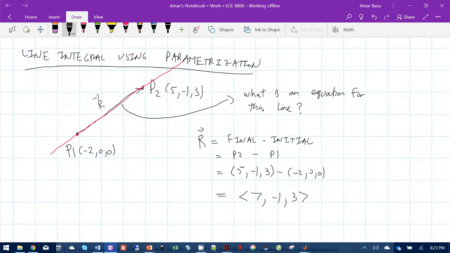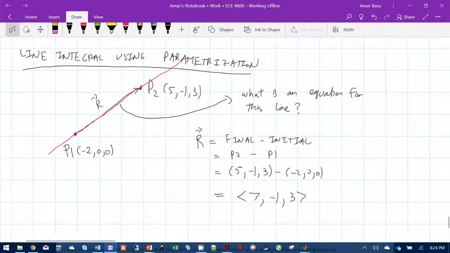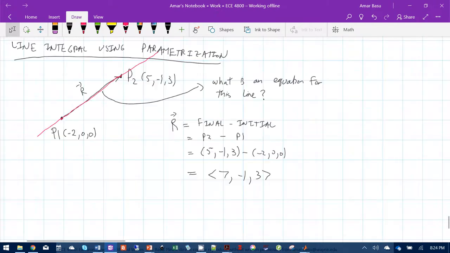The way that we can define an equation for this line is to use parametrization. So P1 is the initial point. So if we do P1 plus some parameter t times the vector r.